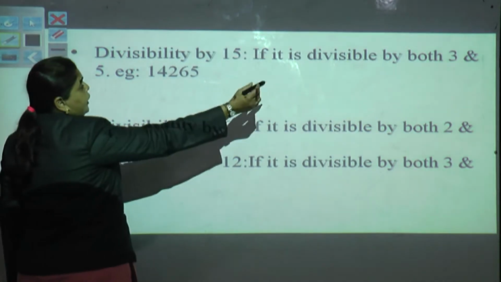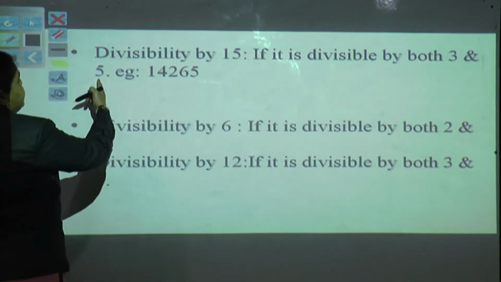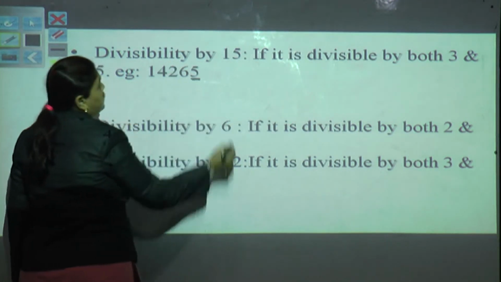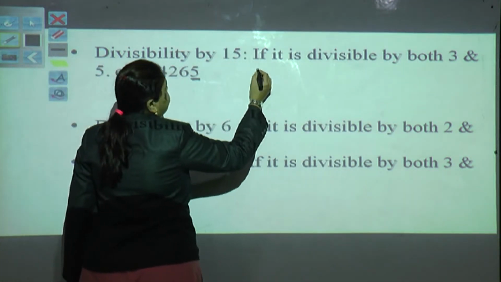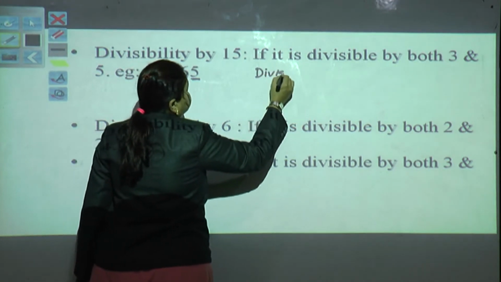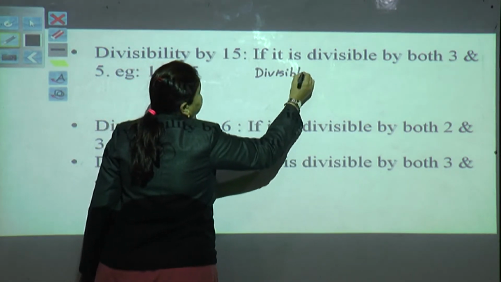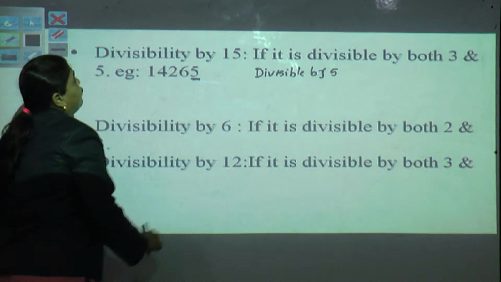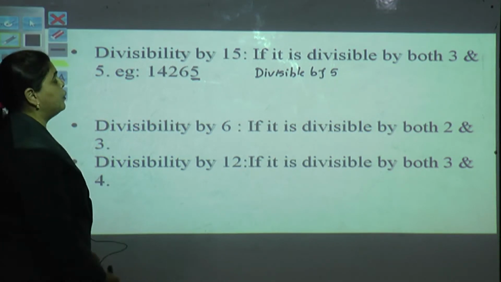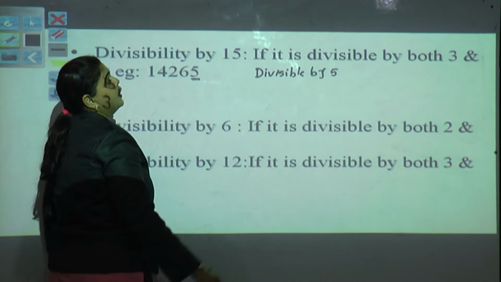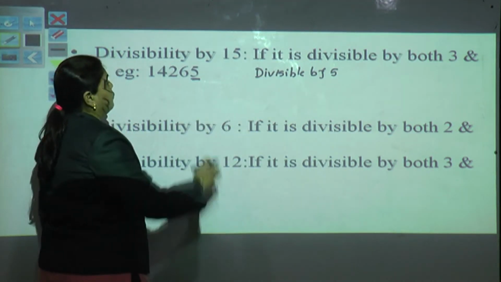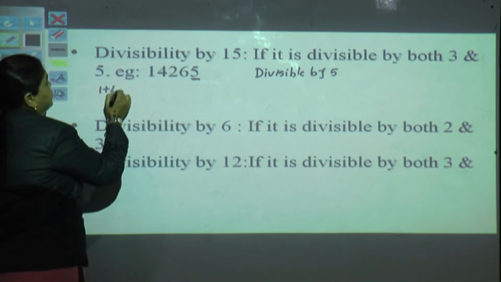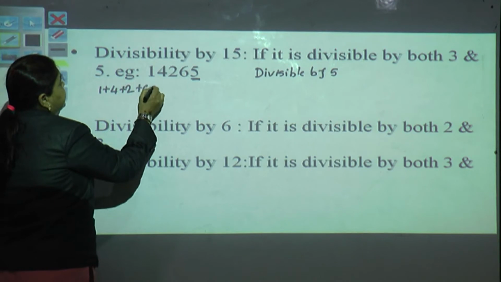We have to check it should be divisible by 3 as well as by 5. For 5, you know, in the ones place it should be 5, so you can say it is divisible by 5. Now we have to find out the 3. What is the divisibility of 3? The sum should be divisible by 3. So we will see the sum. I will write here 1 plus 4 plus 2 plus 6 plus 5.